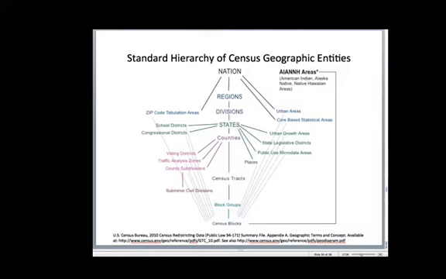Zip code is a common one that you may be familiar with, and it can in fact cross county or state boundaries. That's why it sits over to the left on the outside and isn't drawn directly either from states or counties. School districts and congressional districts are within given states, although they may cross county boundaries. So those are examples.